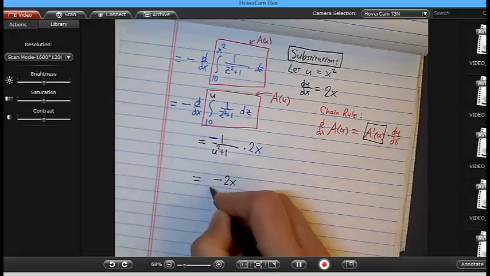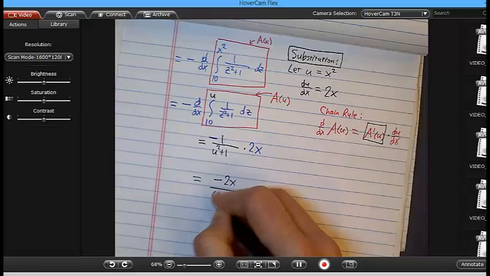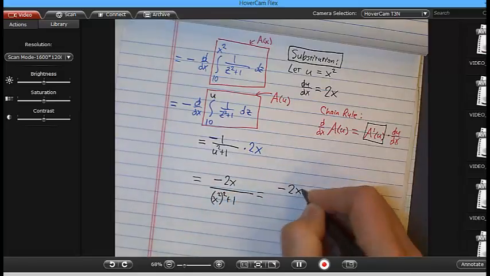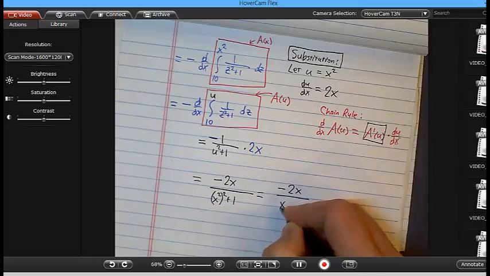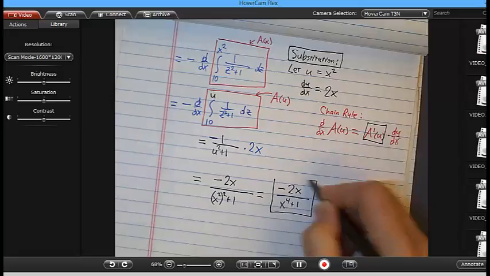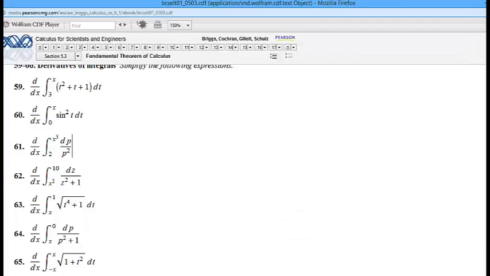And one more thing: they're not going to write u. You know what they're going to write instead? They're going to write x squared plus 1. So actually what they'd probably write is negative 2x over x to the fourth plus 1. This is the derivative. That's the answer here to number 62.